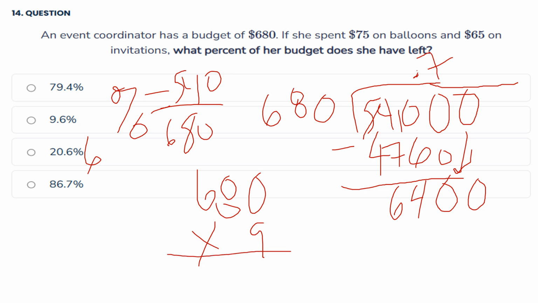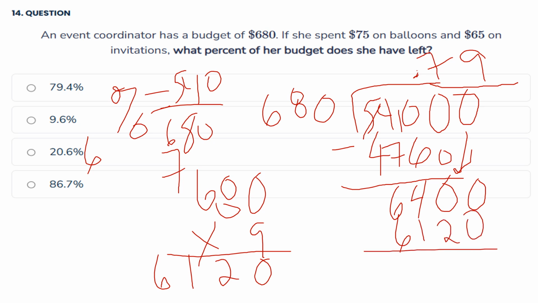All right, 9 times 0 is 0. 9 times 8 is 72. Carry the 1. 9 times 6 is 54. Plus 7 is 61. So yeah, you could add another 680, and that's closer to 6,400. So 79. So we can actually stop here because we have 0.79.